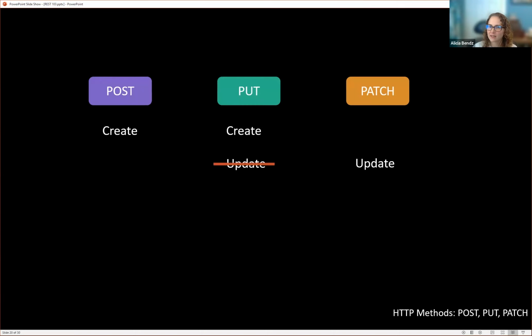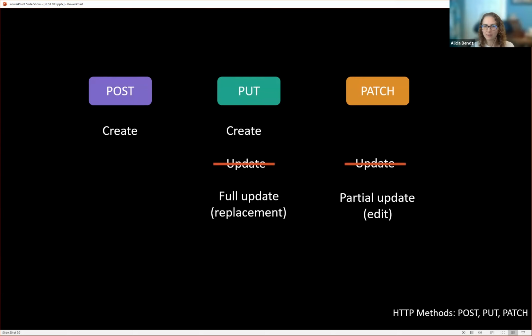For a put, it is a full update or replacement. This is when you're going to completely overwrite an object. With patch, it is a partial update or an edit. Now, if you think about put, you can think about an API like the YouTube API for uploading videos.